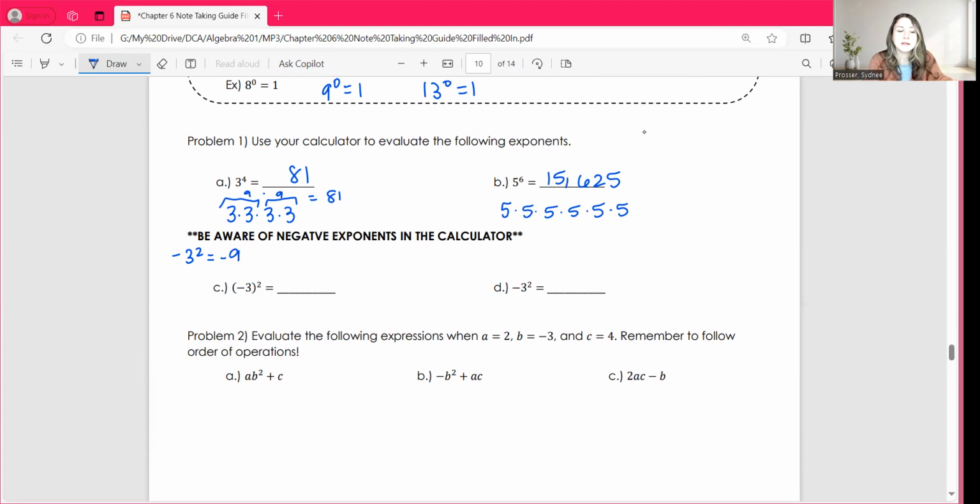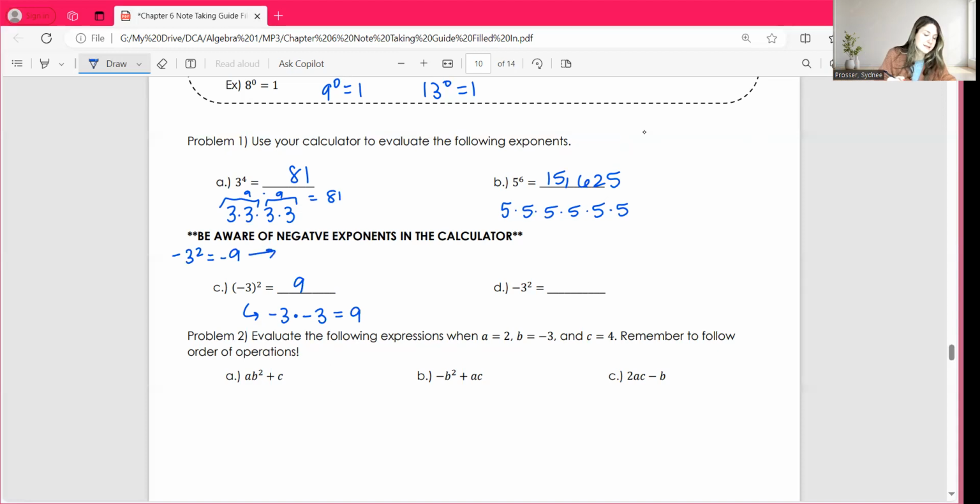If you type in parentheses -3 parentheses squared, we're going to get a +9, okay? What's really tricky here is that because of those parentheses, it's telling us to do -3 times -3. We know 2 negatives make a positive, so we know that equals a +9.